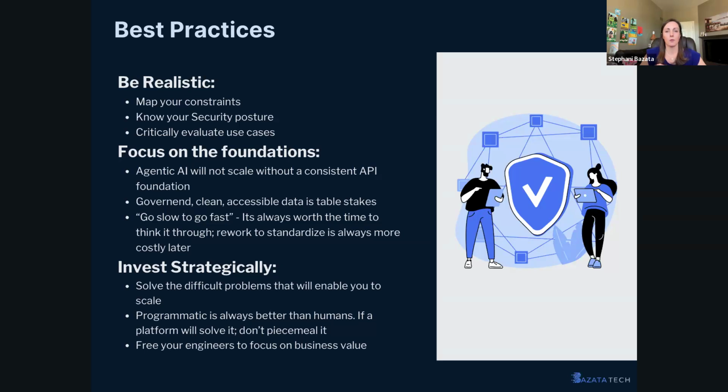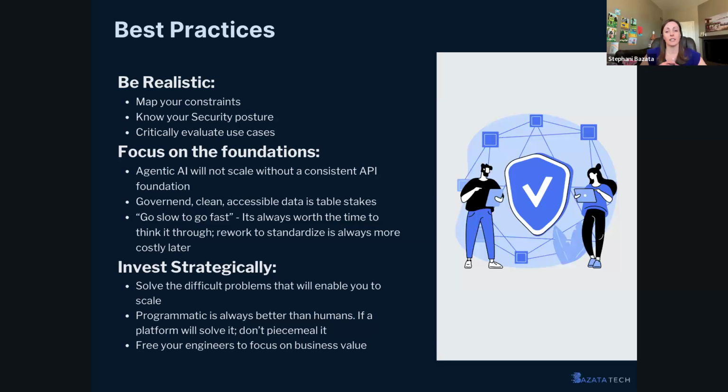Programmatically solving the problem with a platform or a tool is always going to pay dividends in the long run over investing in piecemeal solutions created by humans. Because when we do it consistently and when we find the platforms that have solved it in a clever way, in a complete comprehensive way, you're taking that variability out. And variability is the friction that can slow these deployments down.